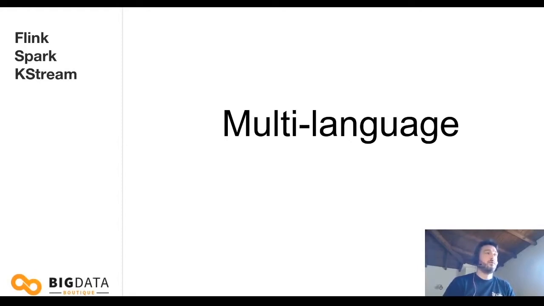Spark is also based on the JVM, but it has really good support for Python too. Kafka Streams is mainly Java. There is support for Scala and some ports to other platforms and languages, but they are not as popular as the Java version.